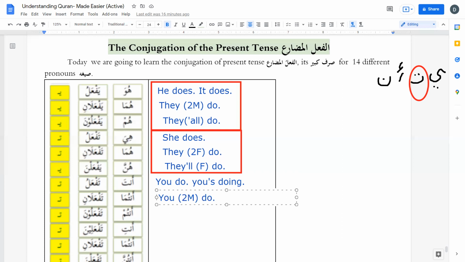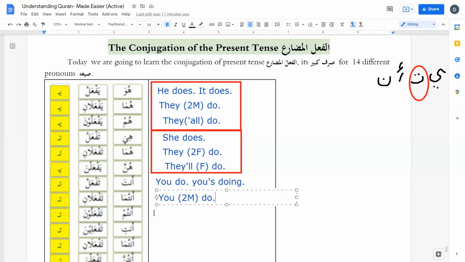If we use taktubani instead of taf'alani, it means you two write, or some other verb, which inshallah we are going to do in the next half. So over here, taf'alani means you two males are doing something or will be doing, or you two males do something.